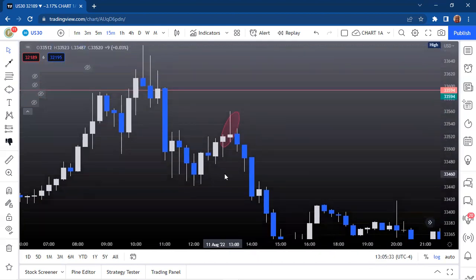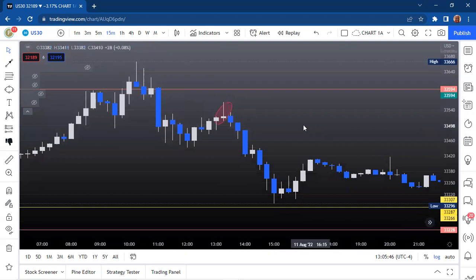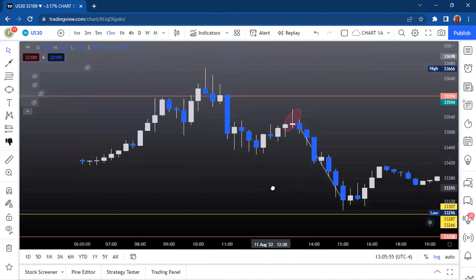But look at this. It's a shooting star, but right before that shooting star was a hammer. So what does that tell you? Get ready for a downward pull, right? That's exactly what it did, right? Because if you put your arrow, look at all of this. Bam. Can't make it up. Okay.